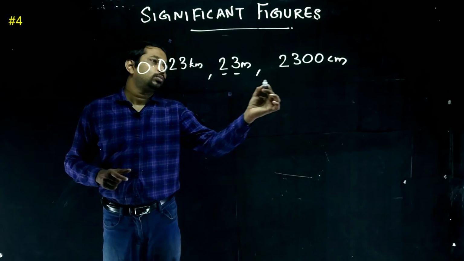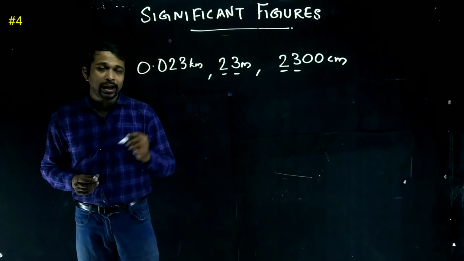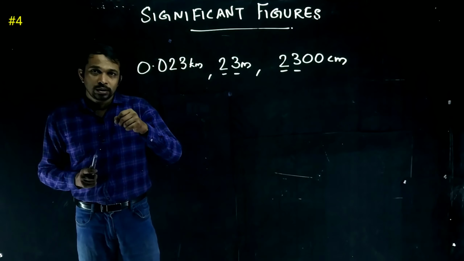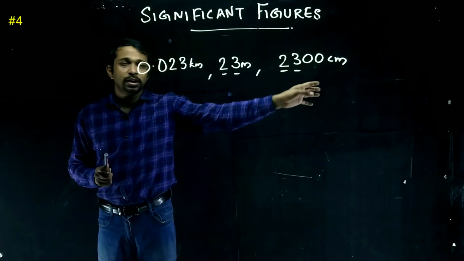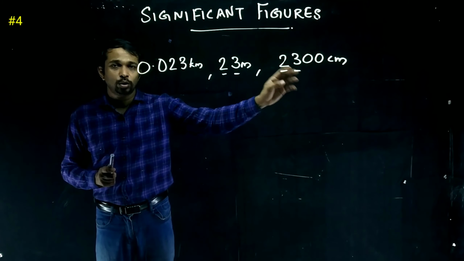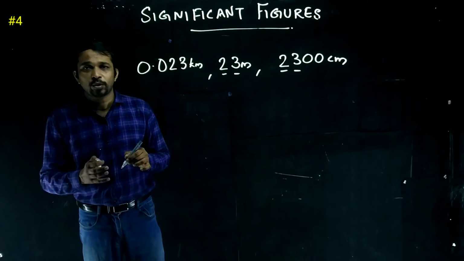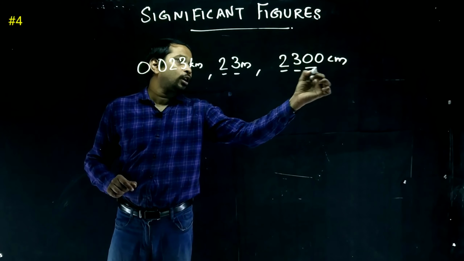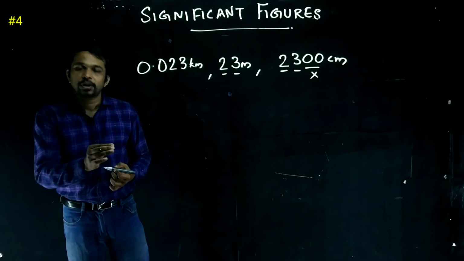Here 1, 2, here also 1, 2, because we are measuring this value up to meters only. We are not measuring it up to the precision of centimeters. You can write 2 zeros only. So that's why we have told that these 2 zeros don't have significance, because they are not providing you enough precision. So these two are not there in the number of significant figures.